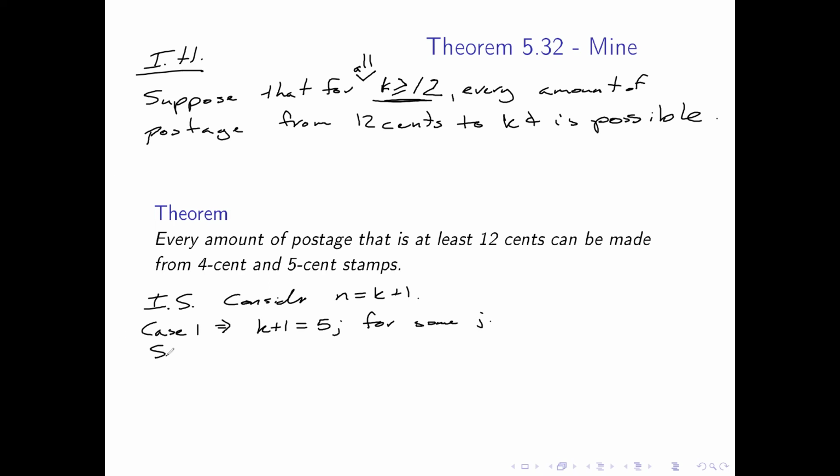Well, since the smallest 5j of size at least 12 is 15, which equals 5 times 3.